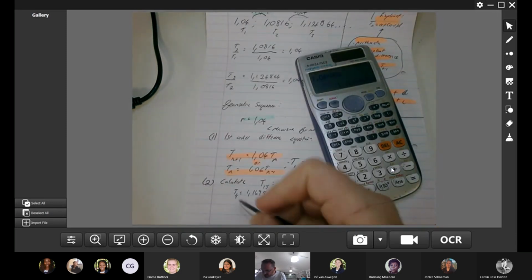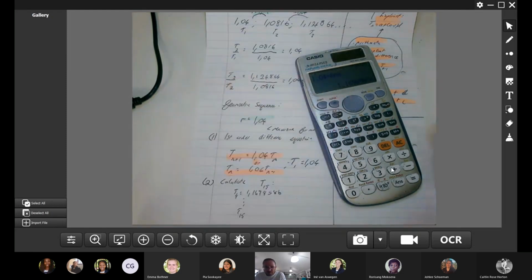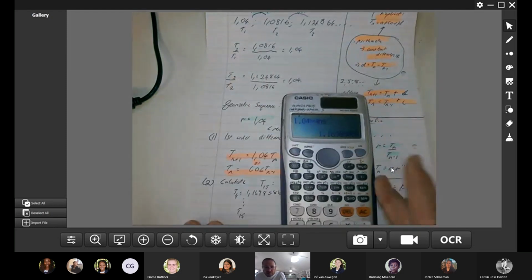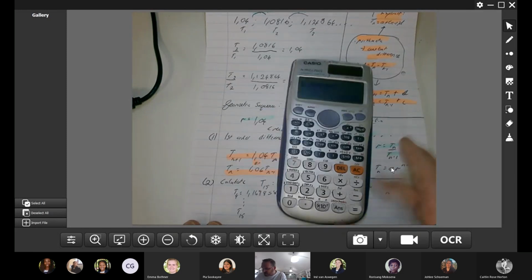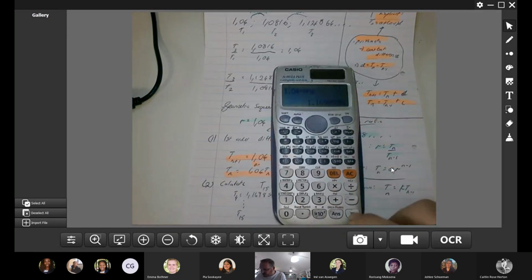We've got term 4 and we've got to go up to term 15. Now I keep pressing equals. So that's 5, 6, 7, 8, 9, 10, 11, 12, 13, 14, 15.